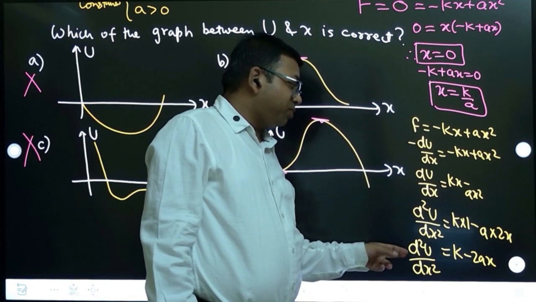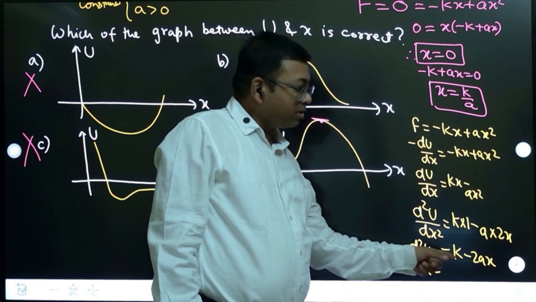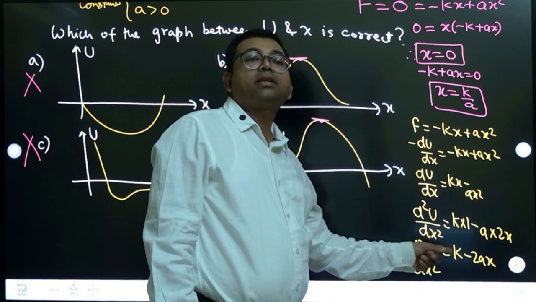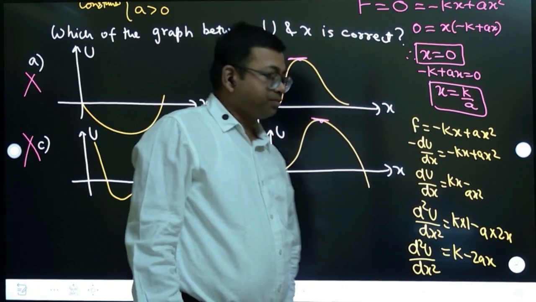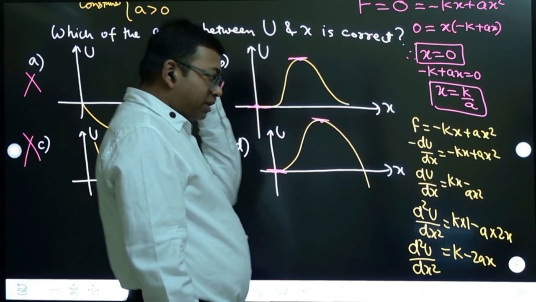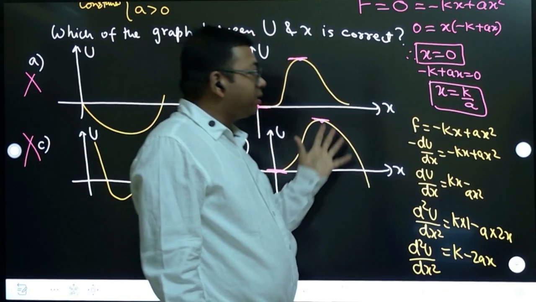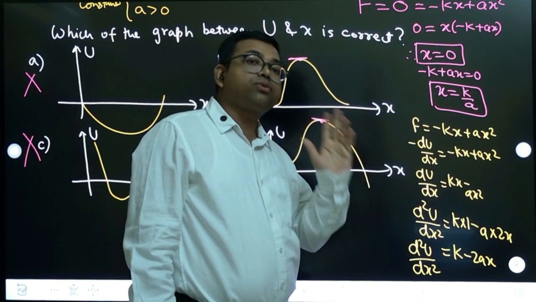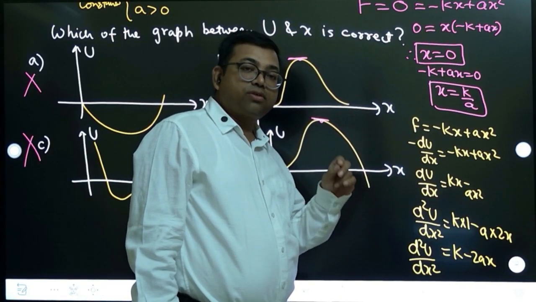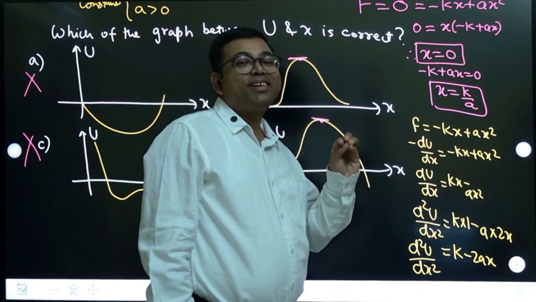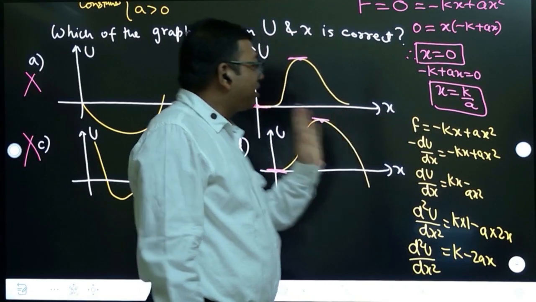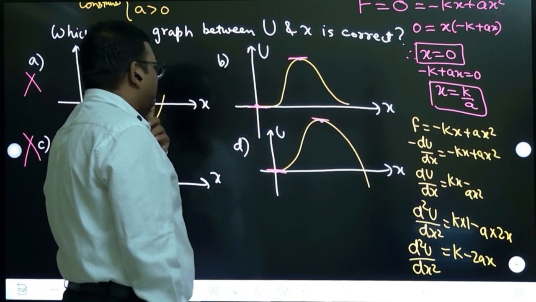So if you put double differentiation equal to zero, you will get only one value of x because this is a linear equation. That means there is only one point in this graph where the sign has to change, either from concave to convex or convex to concave. One point. Now, can you figure out where it is happening?